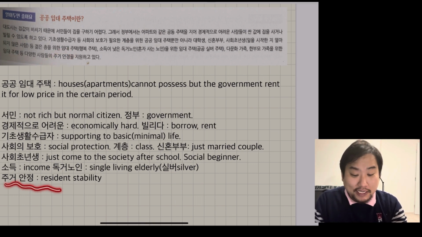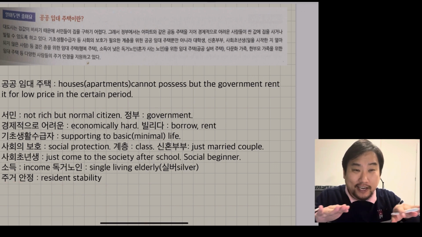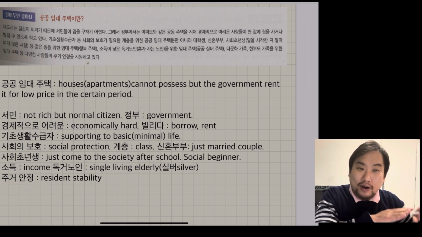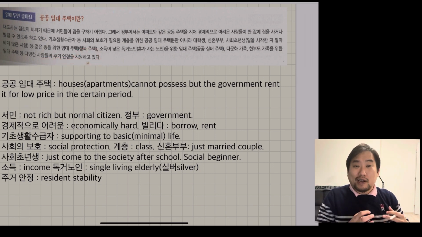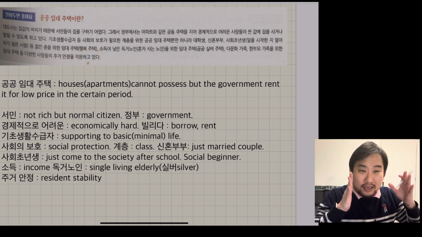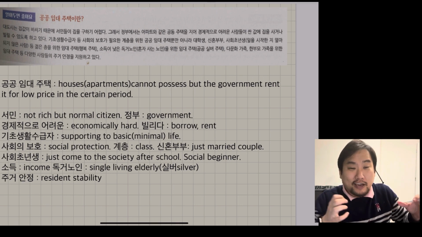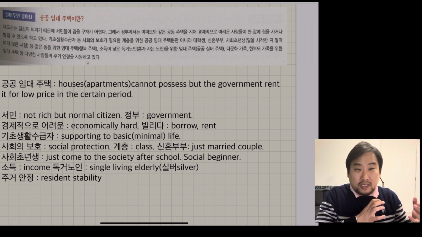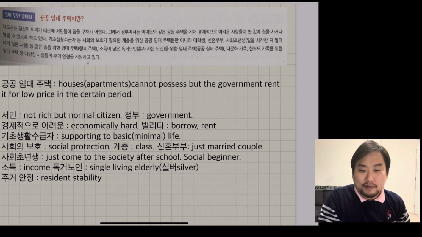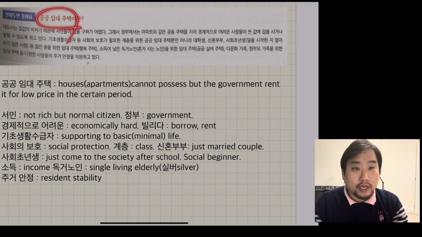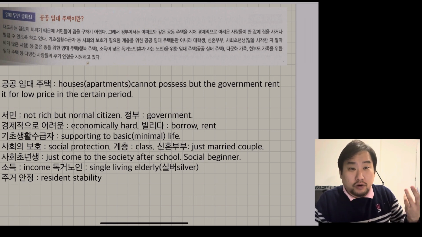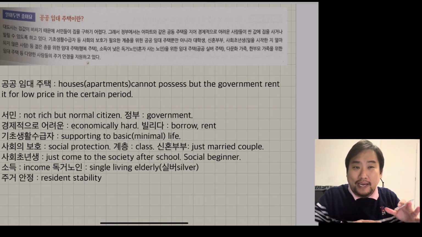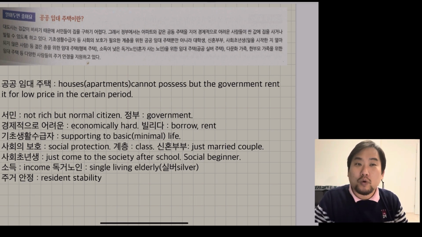So 주거 안정 is residential stability. It usually means a lower price of the house. 주거 안정을 지원하고 있다. So the Korean government supports certain classes which need economic help because they are economically vulnerable. So 공공임대주택, yeah, it is good to know. Especially in the 수도권, around the Seoul area, the government made a lot of 공공임대주택.